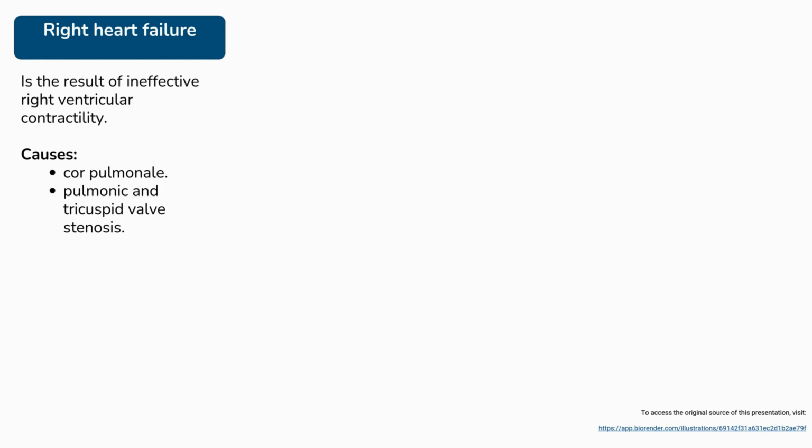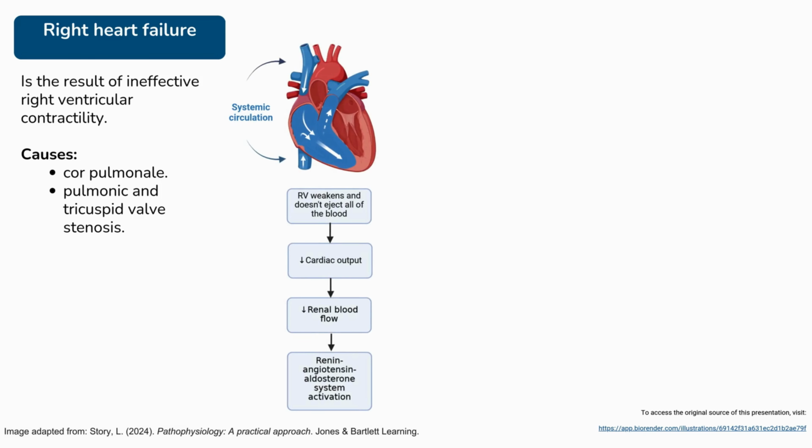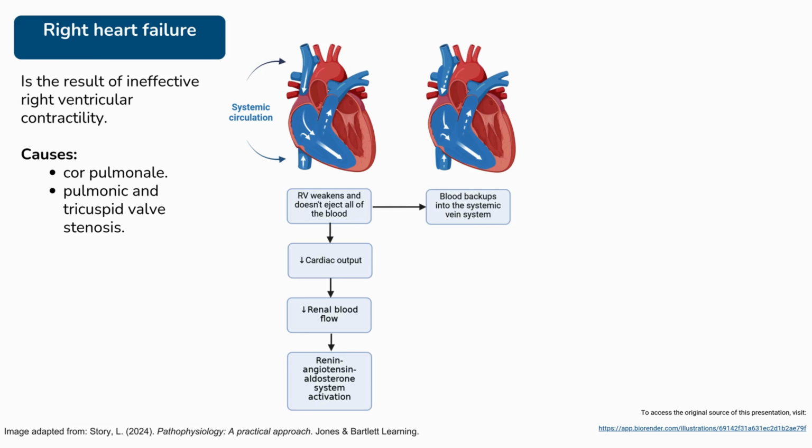On the other hand, right heart failure is the result of ineffective right ventricular contractility, and in this case, the right ventricle weakens and doesn't eject all of the blood, which causes a decrease in cardiac output, a decrease in renal blood flow, and the activation of the renin-angiotensin-aldosterone system. Also, since the right ventricle weakens, blood backs up into the systemic vein system.